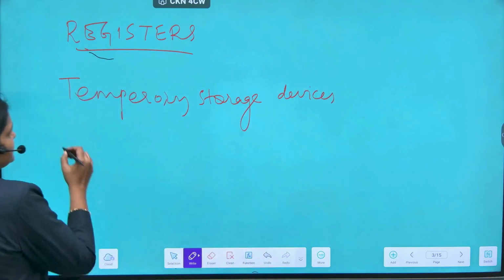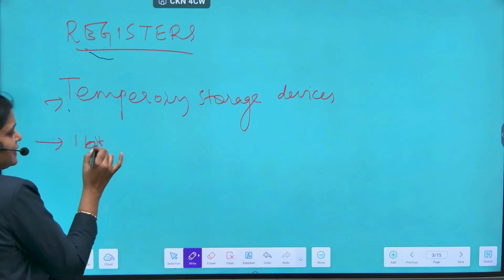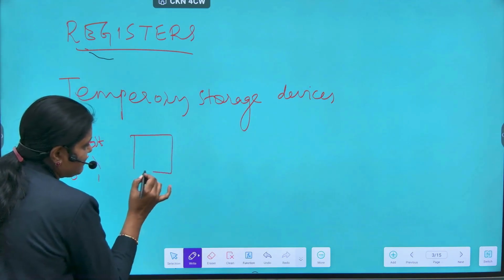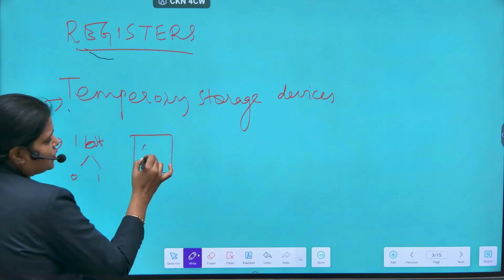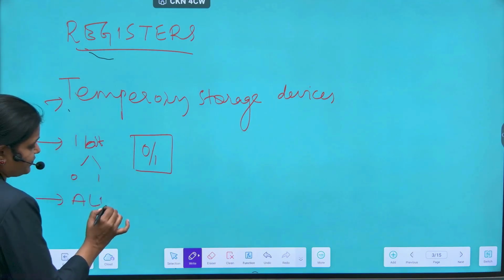Each register cell can store only one bit, that is either 0 or 1. The register will be of this form. It can store either 0 or 1. The registers are located in the ALU.